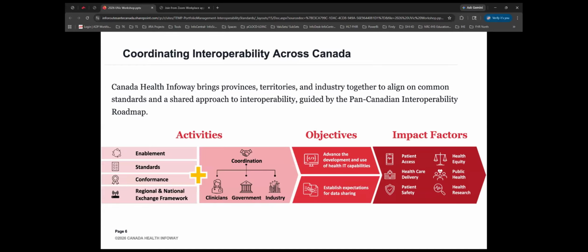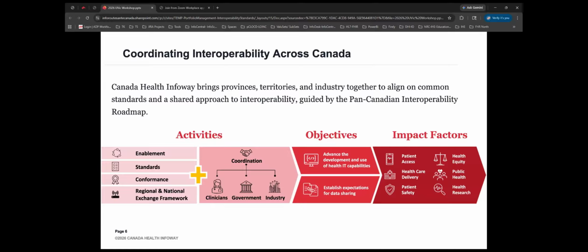So if you look at the diagram on this slide, on the left, you'll see the foundation work, and essentially, in simple terms, that means it's all about helping everyone to use the same rules, the same definitions when sharing the health data. In the middle, you will see coordination along with the objectives.